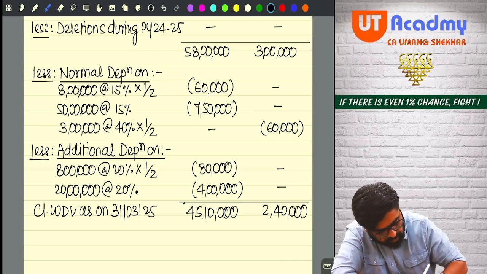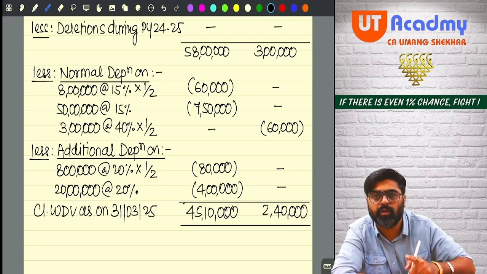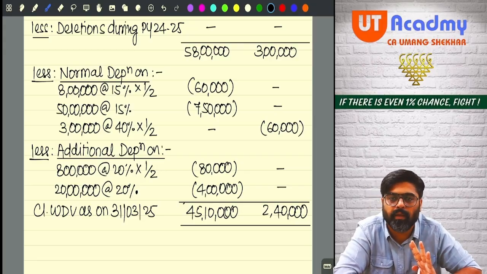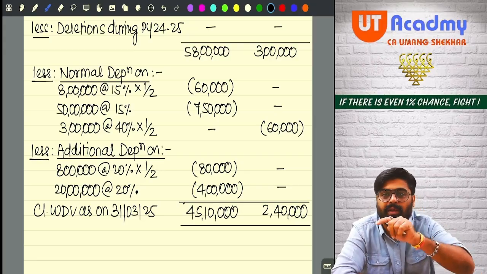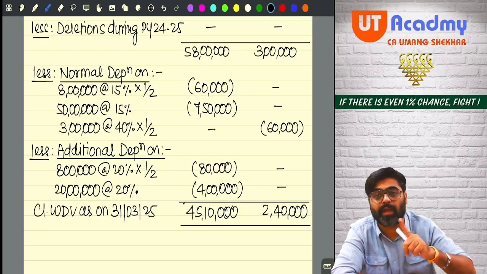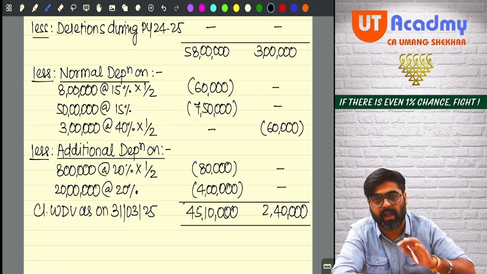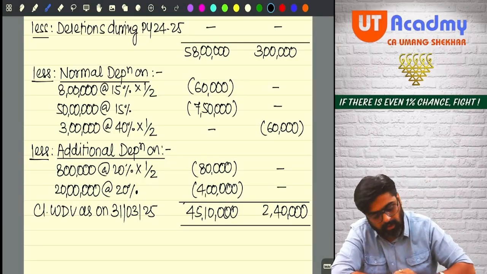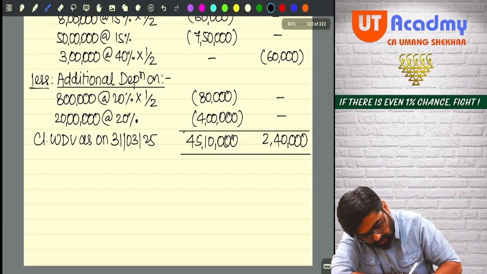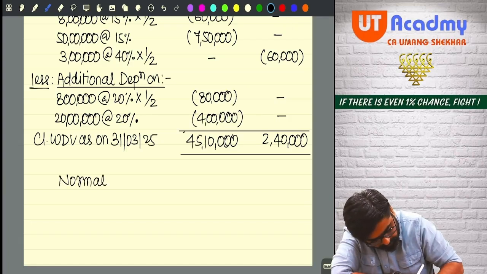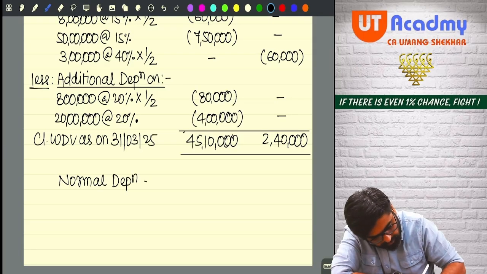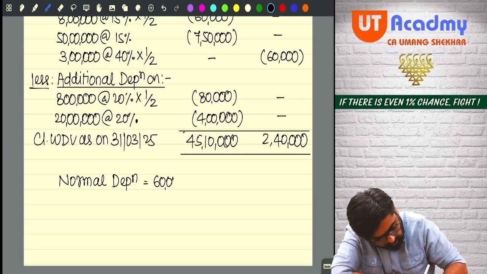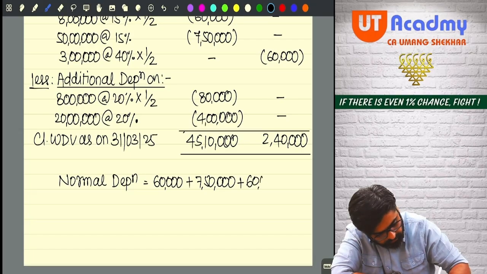See, if they would have told you to calculate the closing WDV for this year, you would have calculated in this manner. But in the question, they are not telling you to calculate this. In the question, they are telling you to calculate the amount of normal depreciation and amount of additional depreciation. So what you are going to do here, normal depreciation is equal to 60,000 plus 7,50,000 plus 60,000.